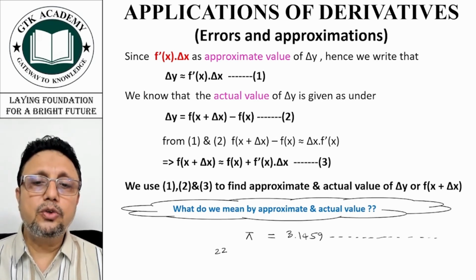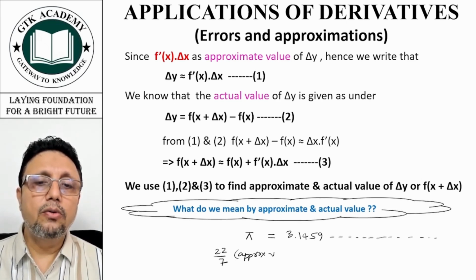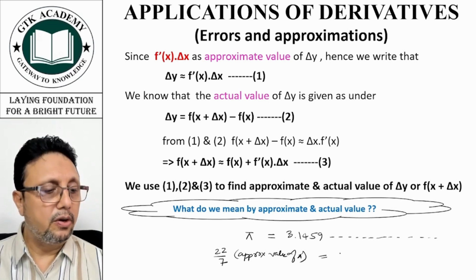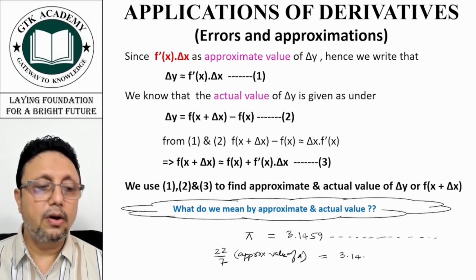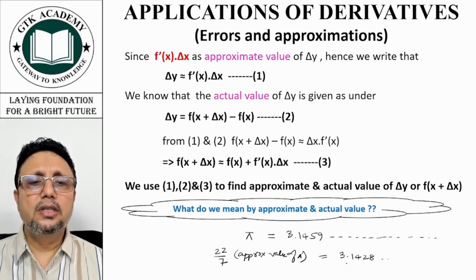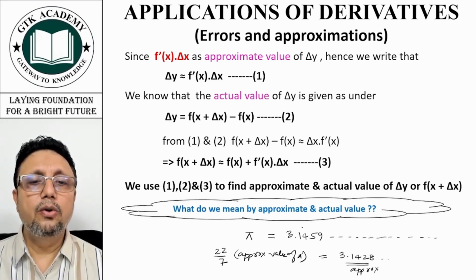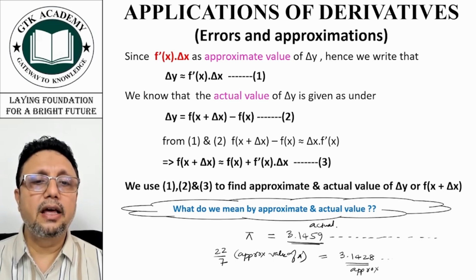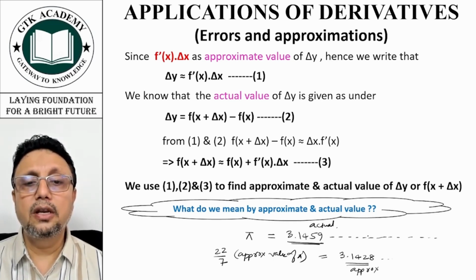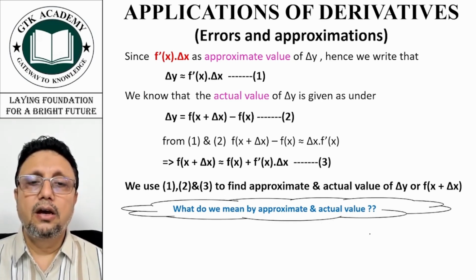But we take 22 upon 7 as the approximate value of pi, which is equal to 3.1428 and something. So this is an approximate value, and this is the actual value, which is an irrational number, and it goes to infinity.